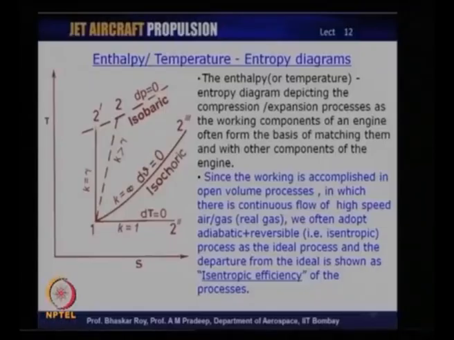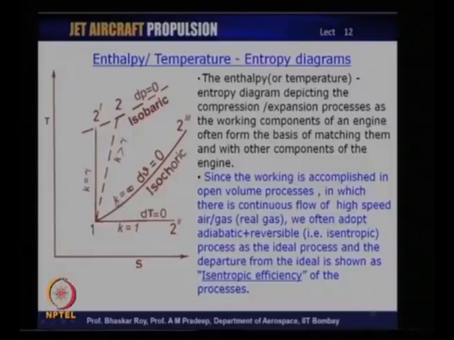Now, if we put the various compression processes we were talking about earlier, we can see here that the isentropic process where k is equal to gamma goes straight up from 1 to 2 prime, and then we have the polytropic process where k is greater than gamma, from 1 to 2, which is a real process.